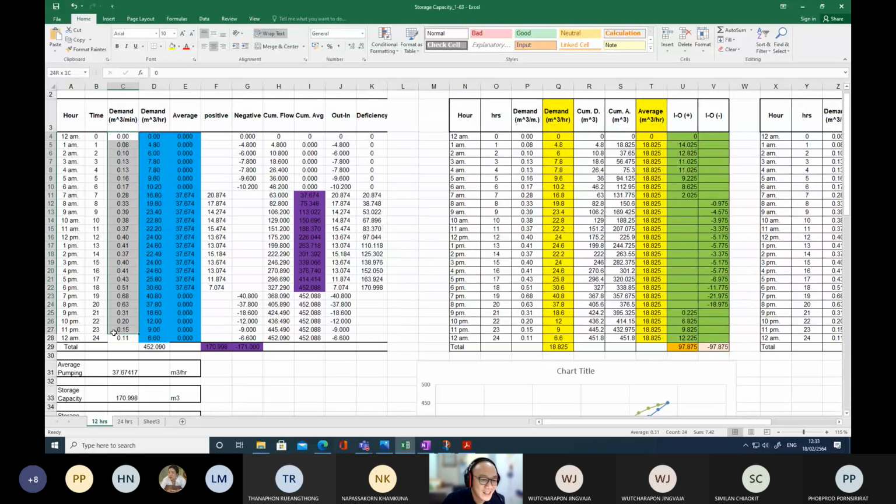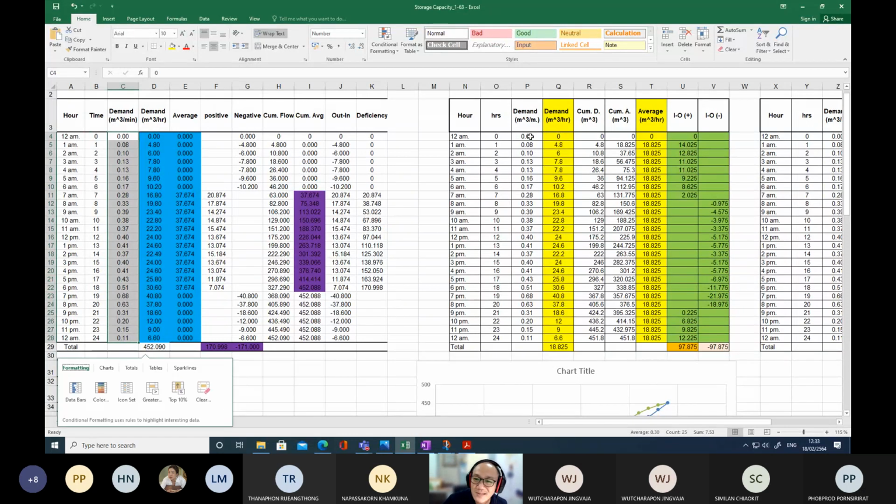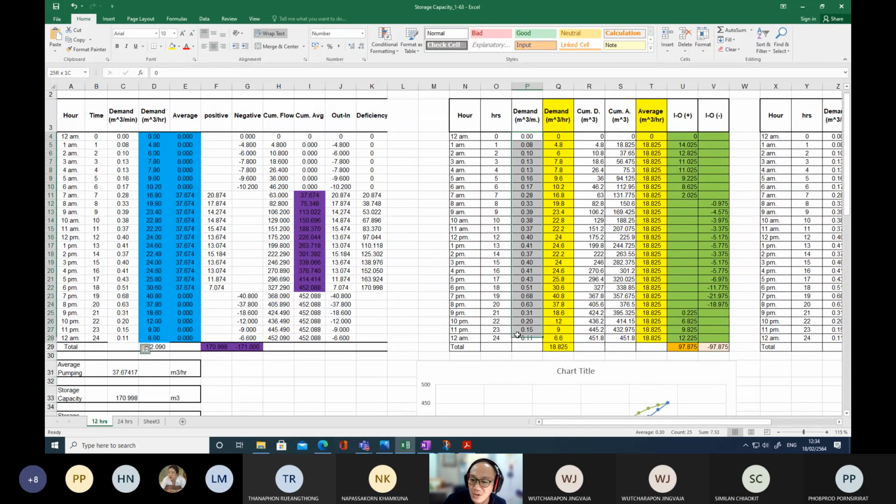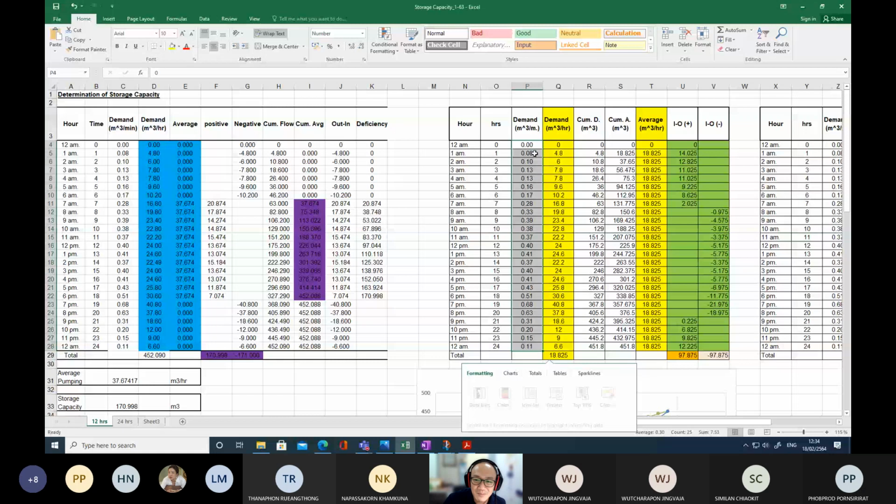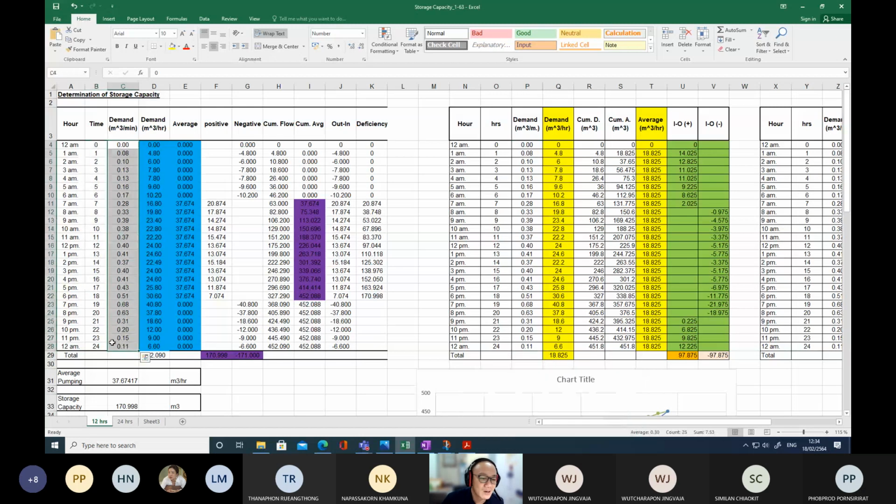So just look at my Excel file. This is the previous table I showed you, the one highlighted with yellow. The information in the third column of the second table and the third column in the first table are basically the same. These two are the same information, but the difference is just here.